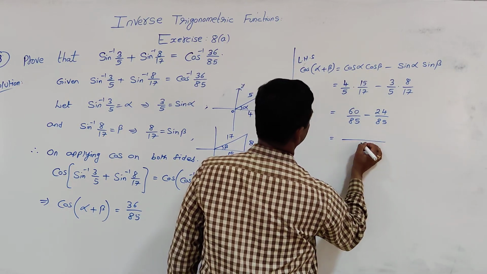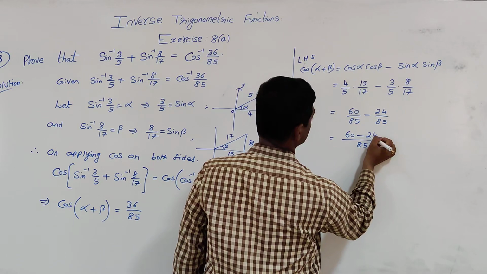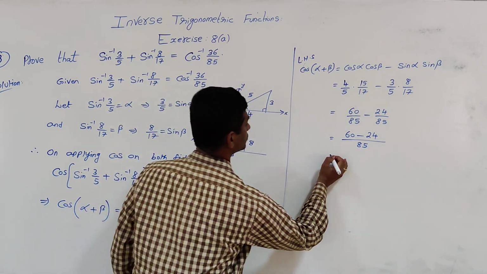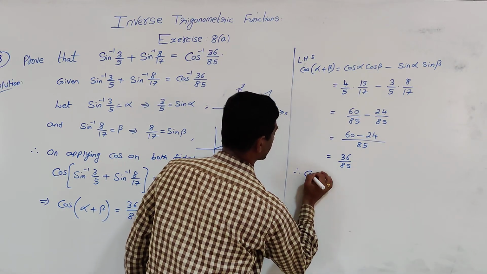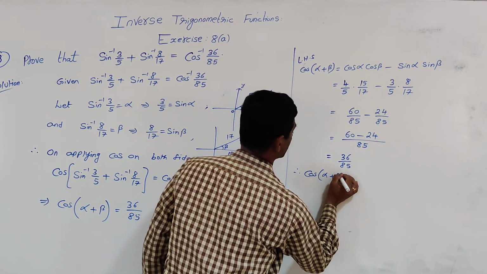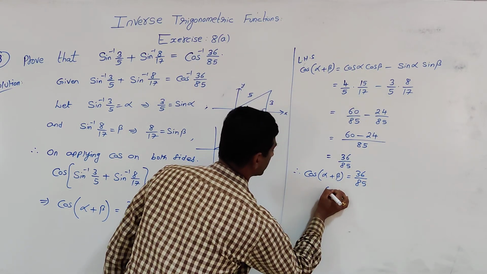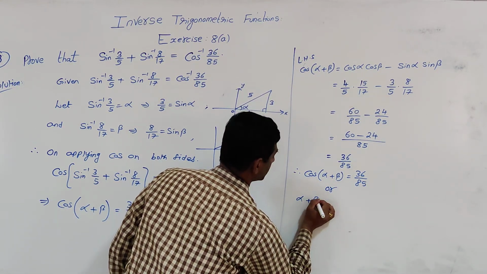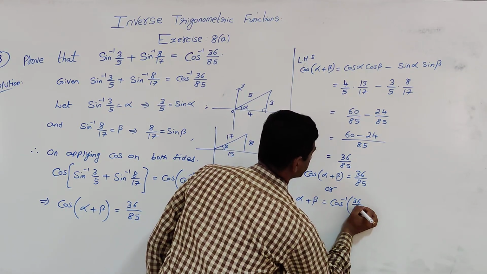So it will be 60 by 85 minus 24 by 85. So the LCM is 85, so we can take the common denominator, that is 60 minus 24, that gives 36 by 85. Therefore cos of alpha plus beta is equal to 36 by 85, or alpha plus beta is equal to cos inverse of 36 by 85.